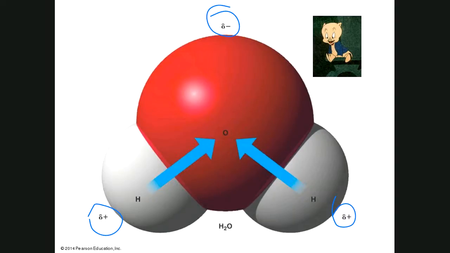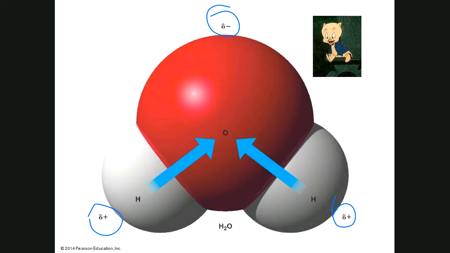Yeah. So water molecules will attract one another. They will actually bond. Not as strong a bond as the bonds we've been talking about, but they will form an attractive bond between them.